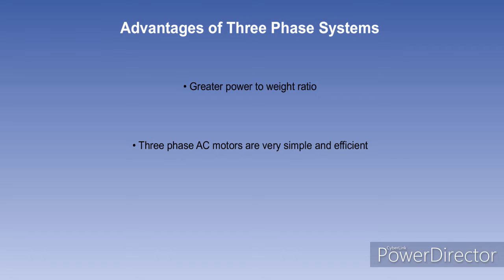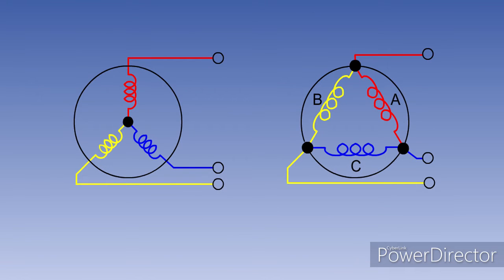Three-phase AC motors are very simple and efficient, and for reasons beyond the scope of this course, three-phase generators are easier to connect in parallel than single-phase devices. Although we have said that the three phases are independent of each other, it is normal to connect their outputs together. The outputs can be connected by either the star or delta method.